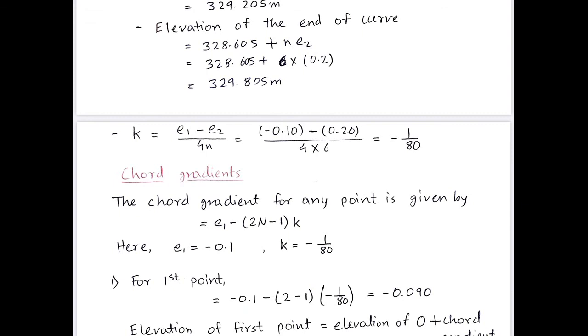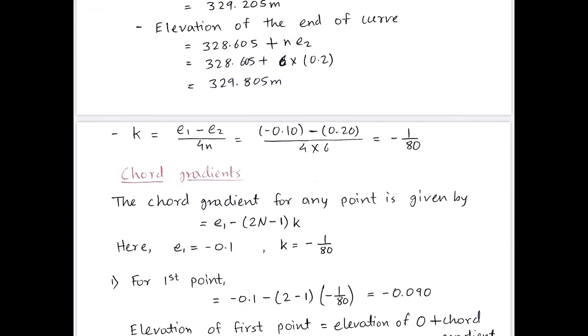So for the first point, if we find out chord gradient, we just have to put the values in the above equation. E1 is minus 0.1, 2 into n is, for this particular first point n will be 1, second point n will be 2. Likewise, for third point n will be 3, capital N. So (2 into 1 minus 1) into k is minus 1 upon 80, and the answer is minus 0.090.